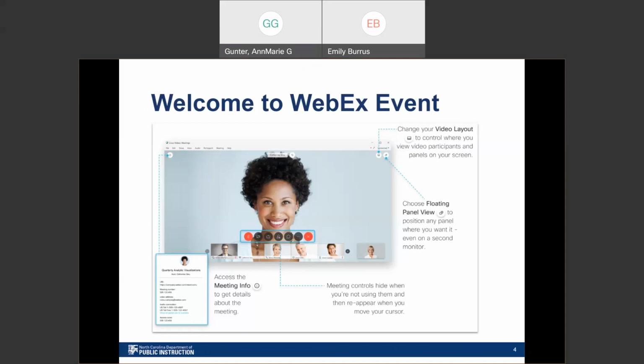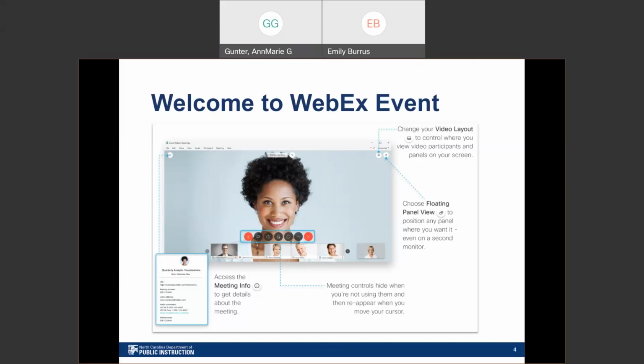And then you see there in the middle, the meeting controls are the main things that you'll be working with throughout. On those meeting controls, the one on the left is the little microphone. It's red because everyone comes in muted so that the recording can be smooth without any background noise. And the one on the right, the little X, is the one you will click on when you exit our broadcast today.